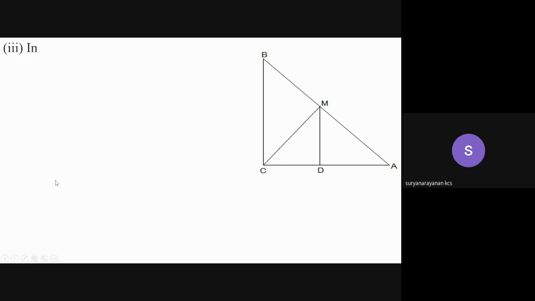Now come to the third part. In triangle AMD, let us take the triangle AMD. Observe this triangle AMD and CMD. We have taken these two triangles, left side triangle and right side triangle.